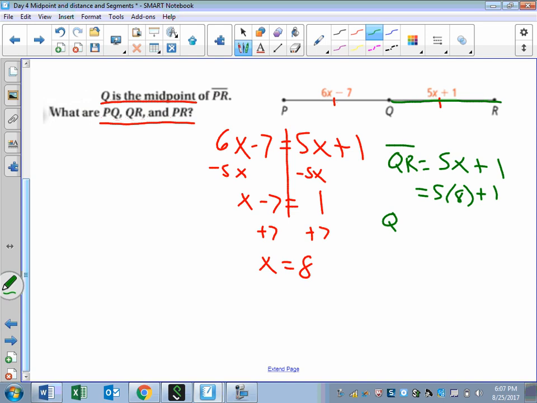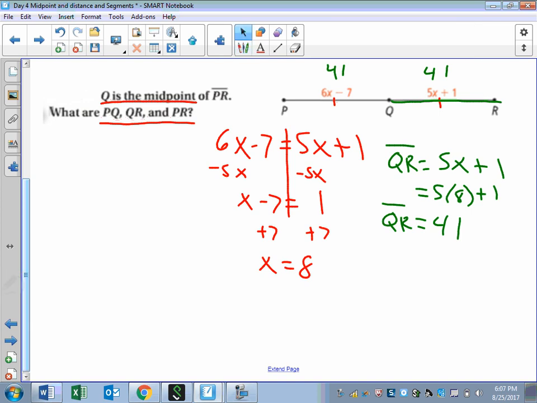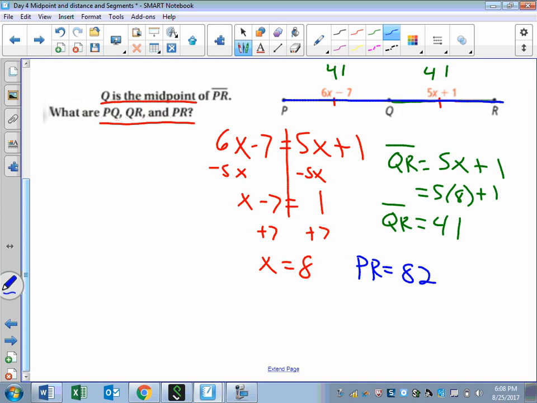So we know that QR is 41. 5 times 8 is 40 plus 1. But if QR is 41, then PQ is also 41 because they have to be equal. Now, the last thing, PR, what's the whole thing equal to? Well, if they're both equal to 41, then PR is equal to 41 plus 41, which is 82. So for midpoint, you only got to plug in once because both halves are equal.